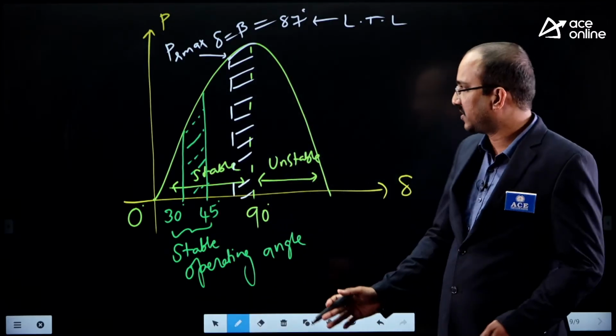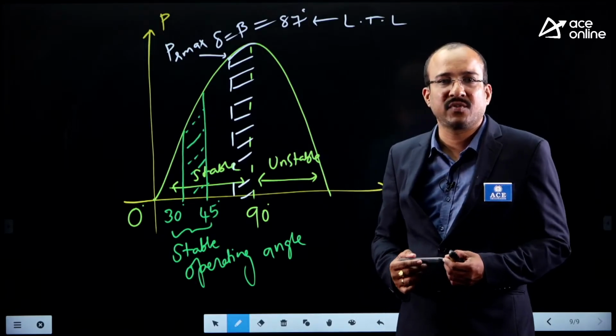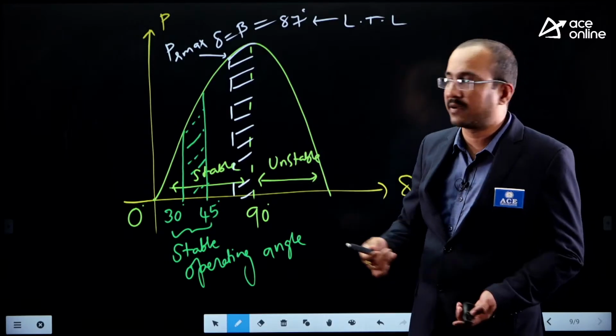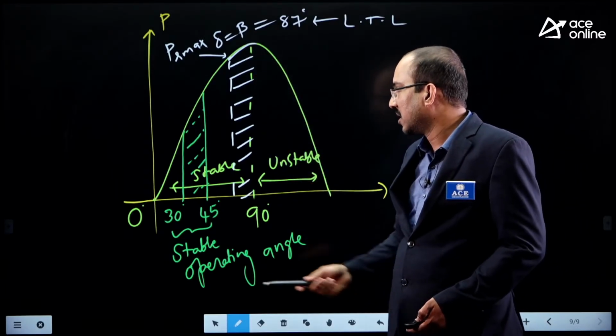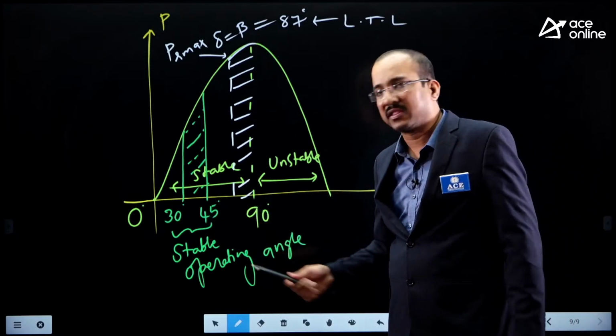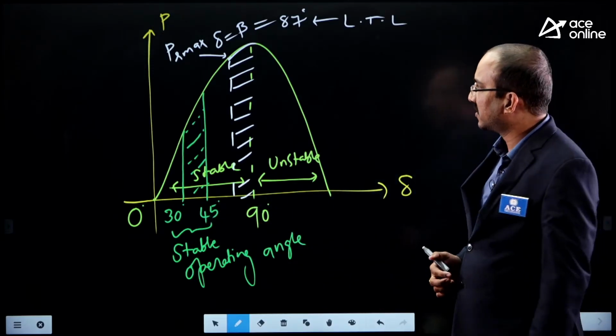We will operate in this region, not under the maximum power transfer condition, because if you operate at that point, it may result in unstable operation if there is any change in load.